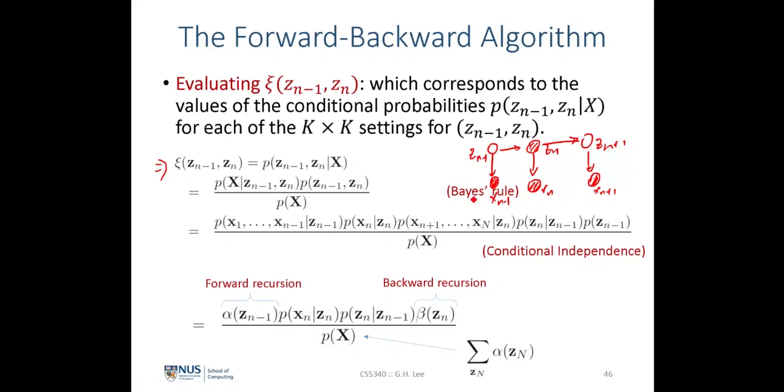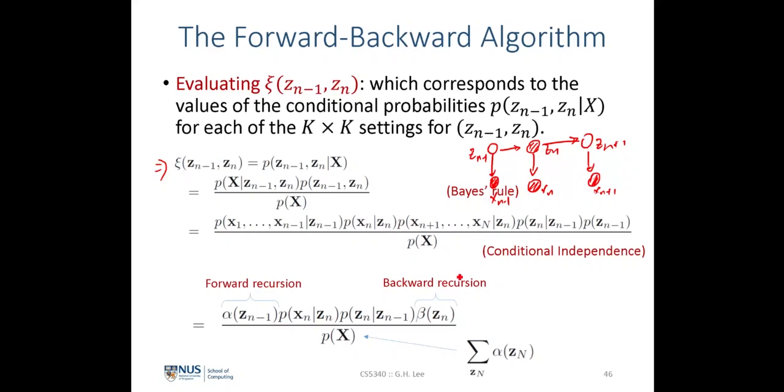And we can also see that conditioning upon Zn, we can also de-separate Zn minus 1 over here, which means that Zn can be eliminated, and Zn plus 1, minus 1 can also be eliminated in these 2 terms over here.